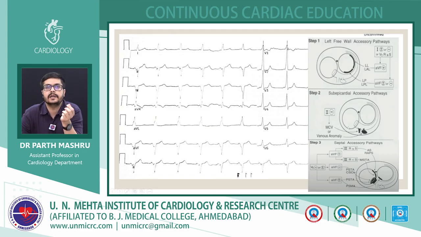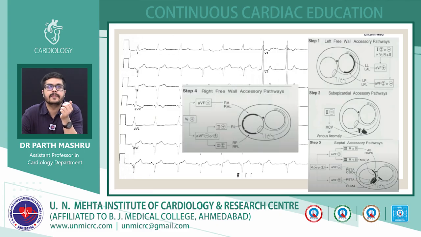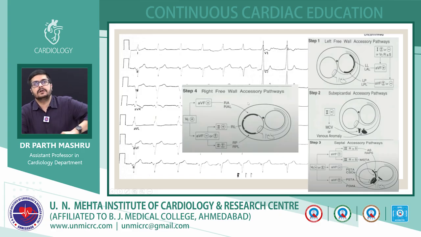If you move on to step 3, the first step is to see whether V1 is negative or biphasic. Again, you cannot apply this step here. Moving on to step 4, it says that if V1 is positive, it is a right free wall accessory pathway, which is not completely correct. So you cannot accurately apply any of the steps in this kind of ECG.